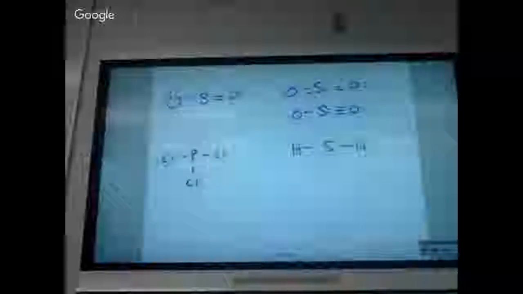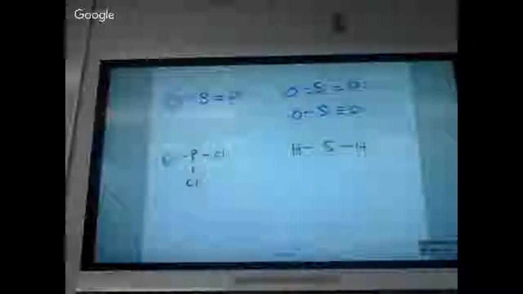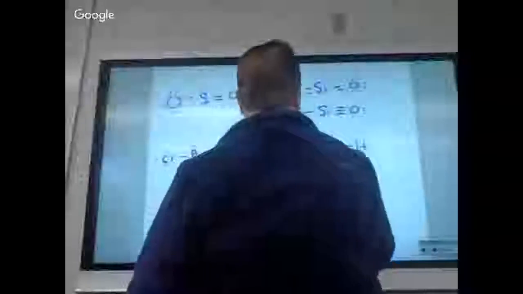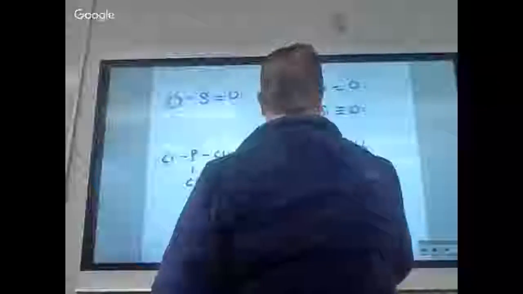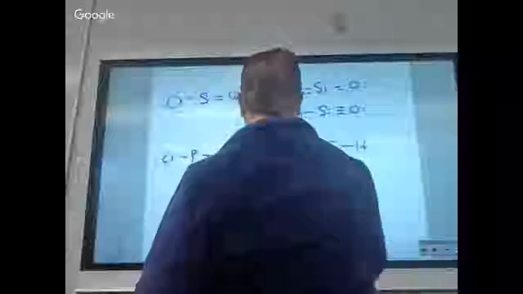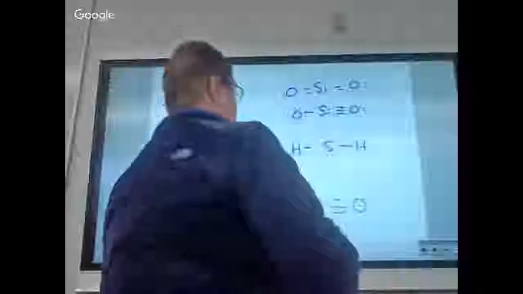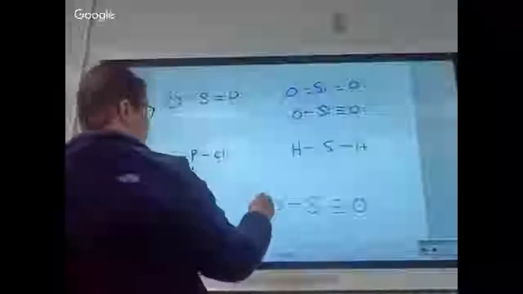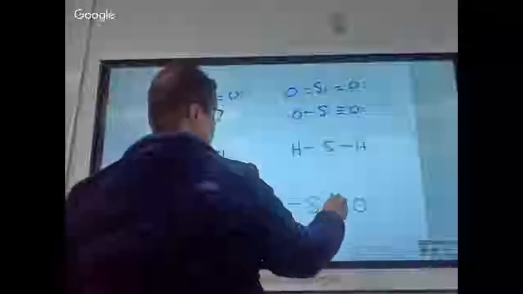Why couldn't you have 3 lines and no dots on this? Which one? The first one. All right. So if you have S with 3 lines, no dots, you have 2, 4, 6, 8, 2, 4, 6, 8.